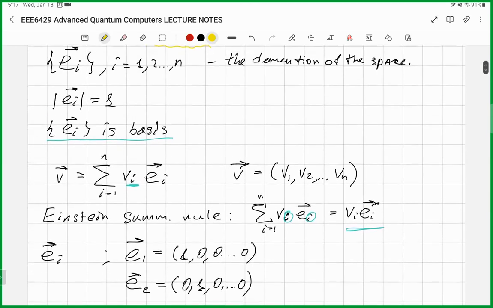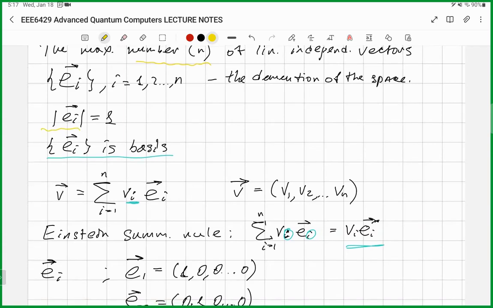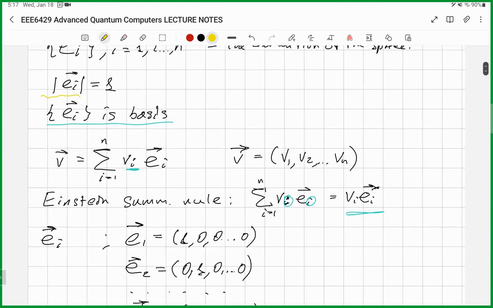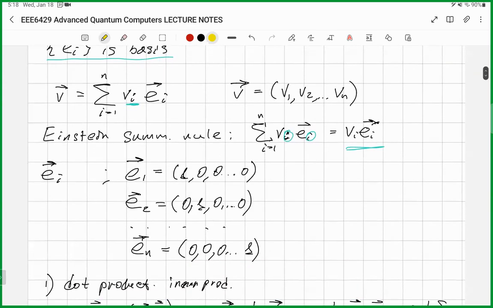Yeah, so let's go ahead. So usually we normalize these basis vectors to unit, right? And so the length of these vectors is 1. And in this way, we call these vectors or set of these vectors a basis.